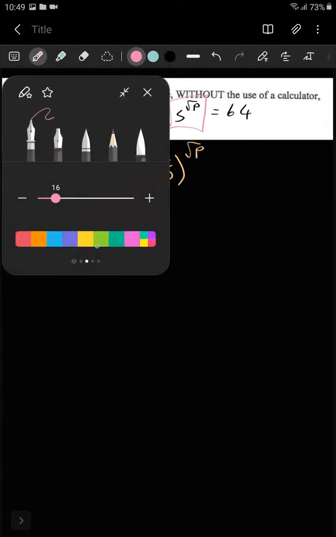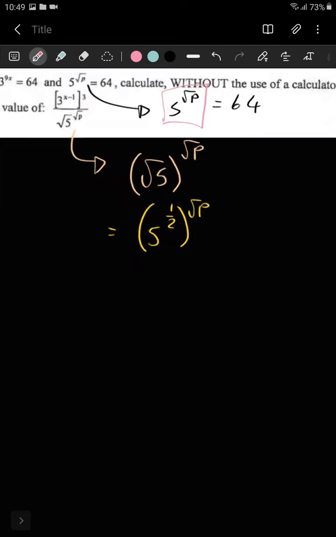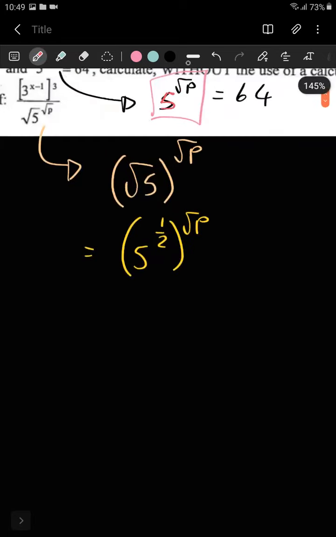If you look at it nicely, the square root of 5 here is as good as having 5 to the power of a half, correct? Now, if you think of our exponential laws, the method to the madness is that we are trying to get to a point where we have 5 alone and then square root of p explicitly.